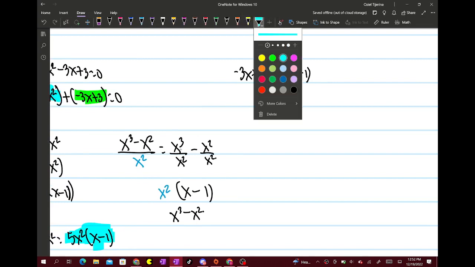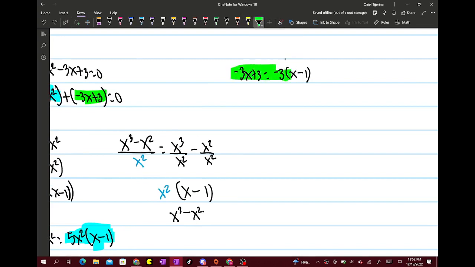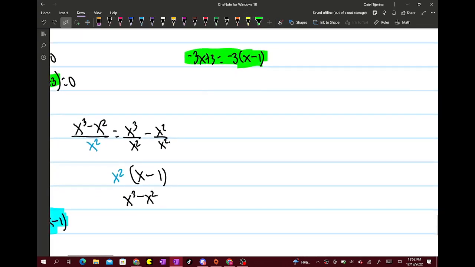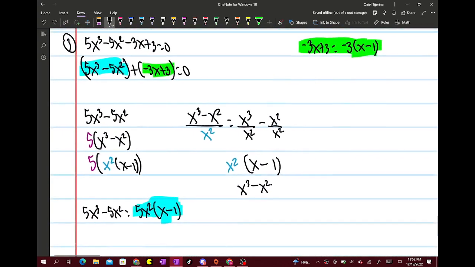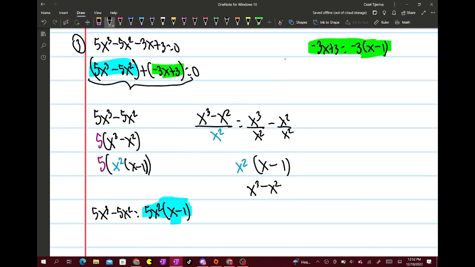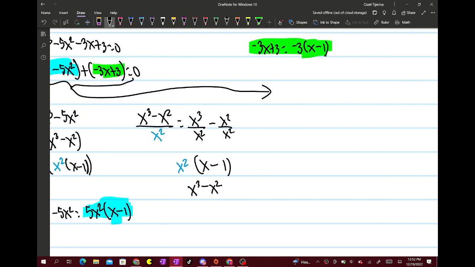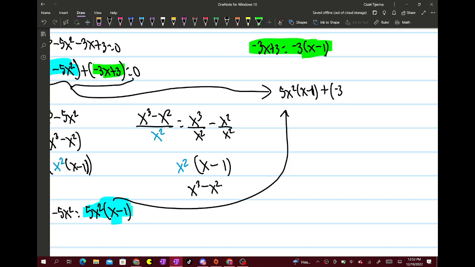The linear expressions are usually the easiest to factor, right? So then we know that this whole thing, given what we did, is going to be 5x squared times x minus 1, and then plus negative 3 times x minus 1, right?